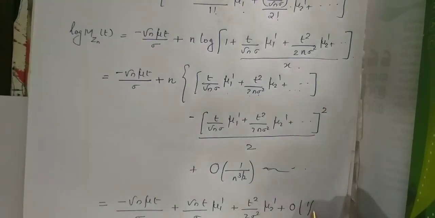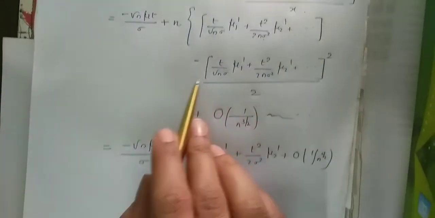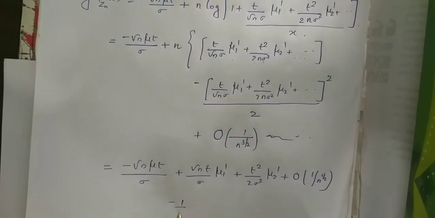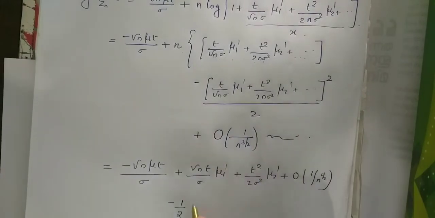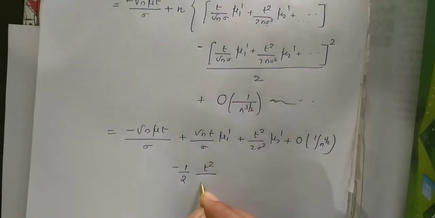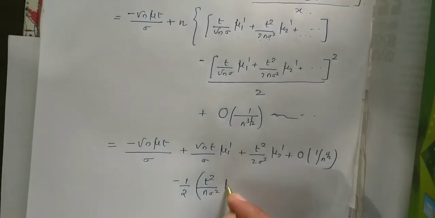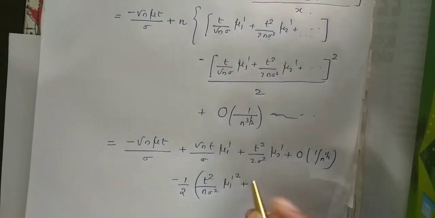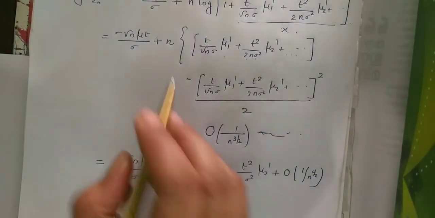So we are writing order of 1 by n raised to 1 by 2 from here, and from this minus 1 by 2. If you are taking the square, what will come here? It is t square by n sigma square into mu1 dash square plus next term.